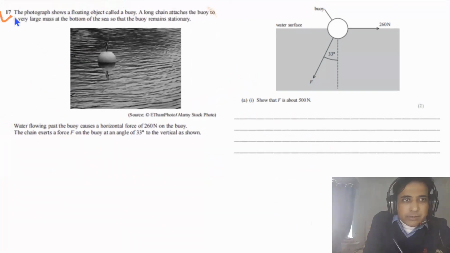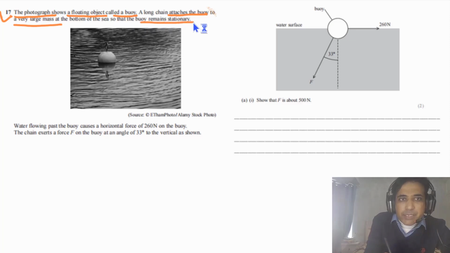Question 17 says the photograph shows a floating object called a buoy. A long chain attaches the buoy to a very large mass at the bottom of the sea so that the buoy remains stationary. Remains stationary means that the net force acting on the buoy in any direction is equal to 0.